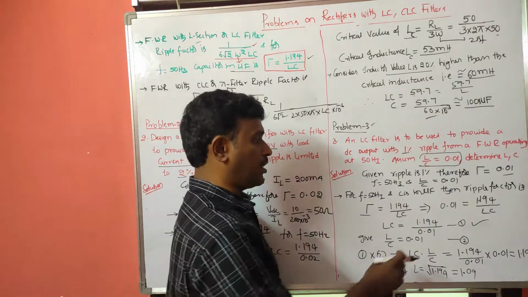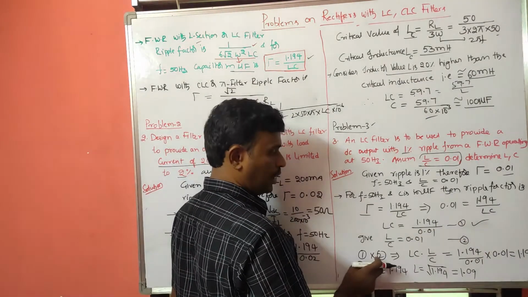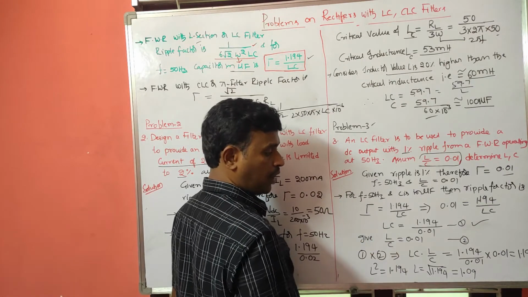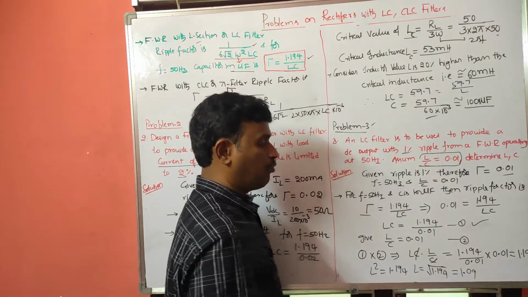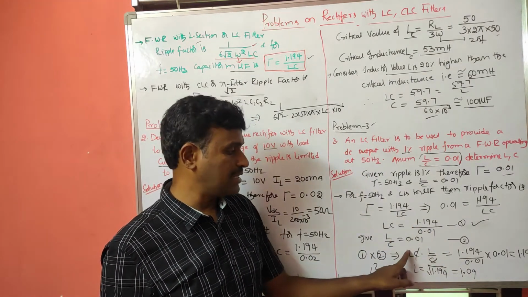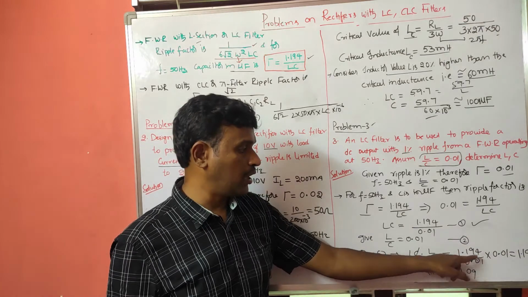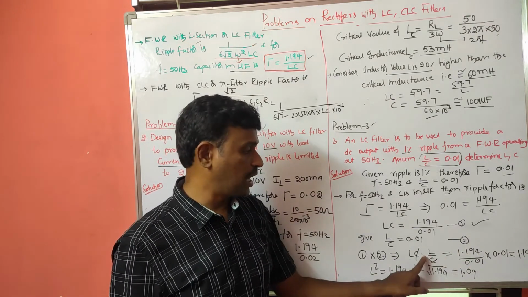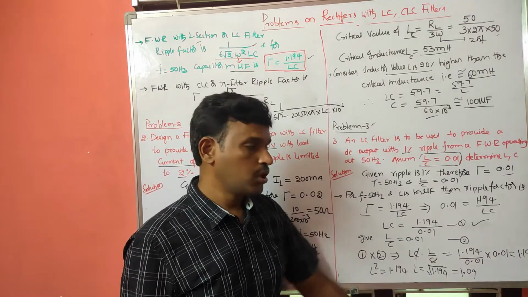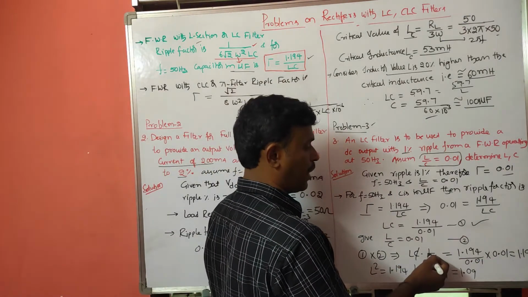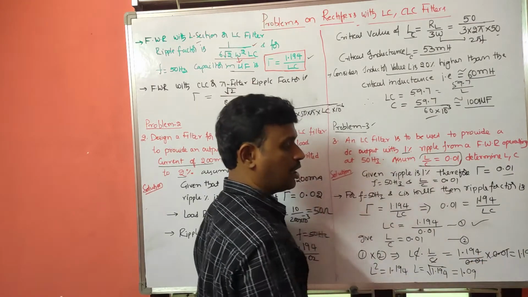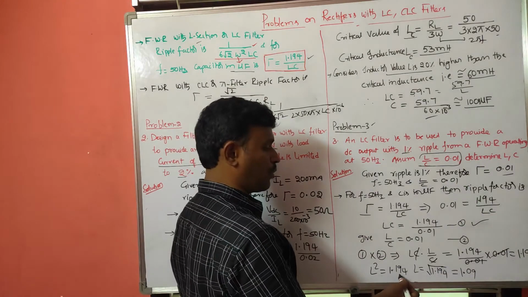So if I multiply equations 1 and 2, that is LC multiplied with L by C, here C and C will be cancelled. From equation 1 we have LC equal to 1.194 by 0.01, and it is multiplied with L by C. L by C value is 0.01, so these two will be cancelled and we have L square equal to 1.194.